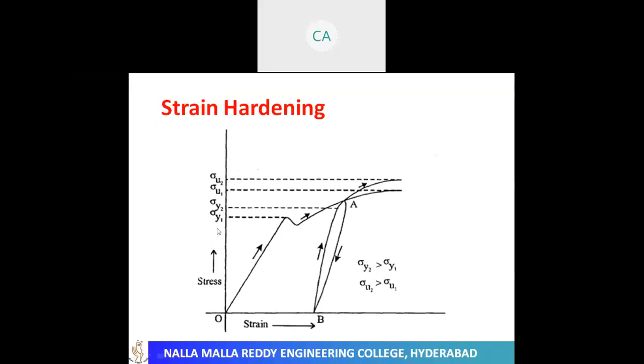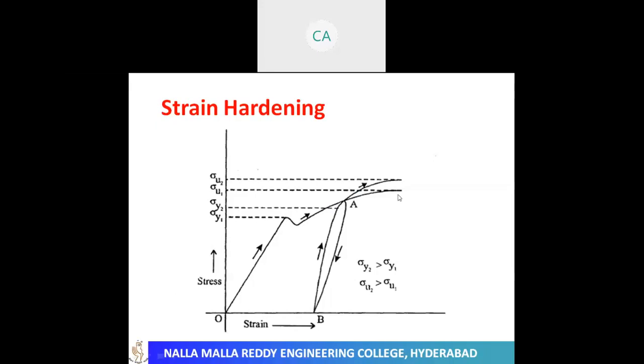We know the stress strain diagram, and we see that if we apply stress and trace the stress strain of some object, initially it deforms elastically and it remains a straight line in the elastic region, and then it becomes non-linear and plastic deformation begins, and we continue the plastic deformation right up to the fracture point.